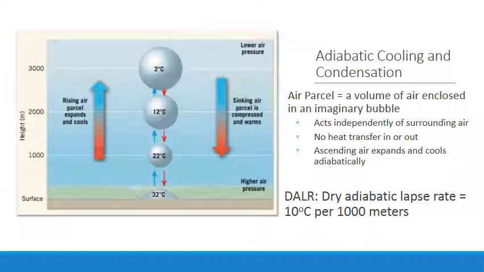Remember that from early on in this class, we talked about atmospheric pressure and how it decreases with height above the ground surface. Anytime a parcel of air moves upward, it passes through regions of successively lower pressure.